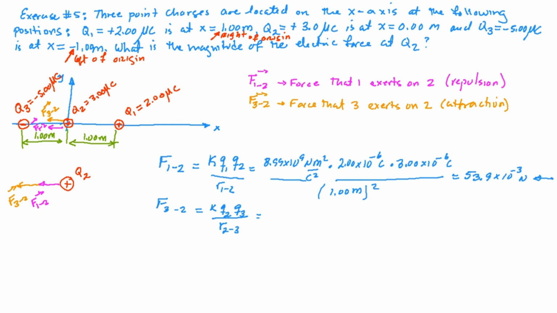So we have 8.99 times 10 to the 9 newton meter squared per coulomb squared, times Q sub 2, 3.00 times 10 to the negative 6 coulombs, times Q sub 3, the absolute value, 5 times 10 to the negative 6 coulombs. All this divided by the distance, 1 meter squared.